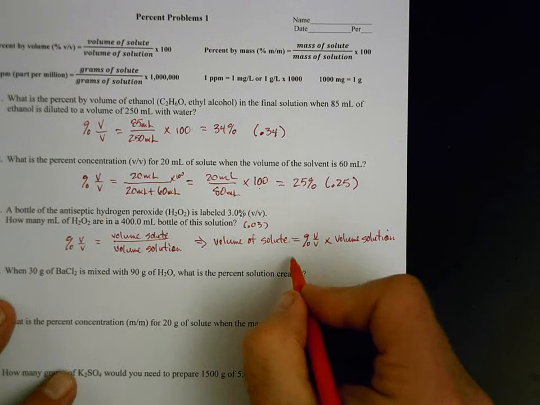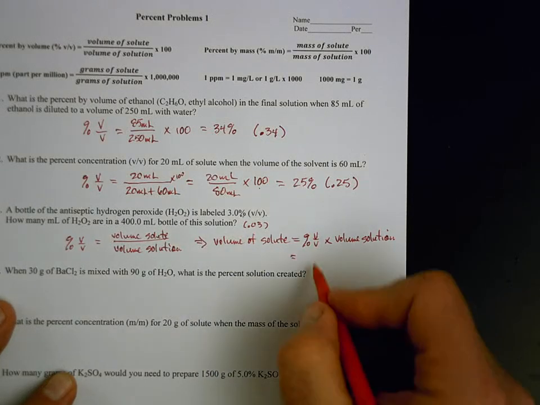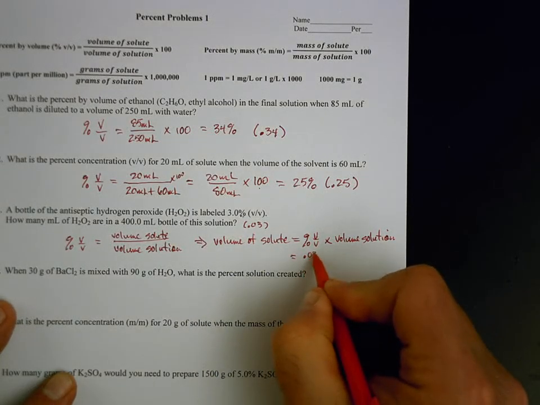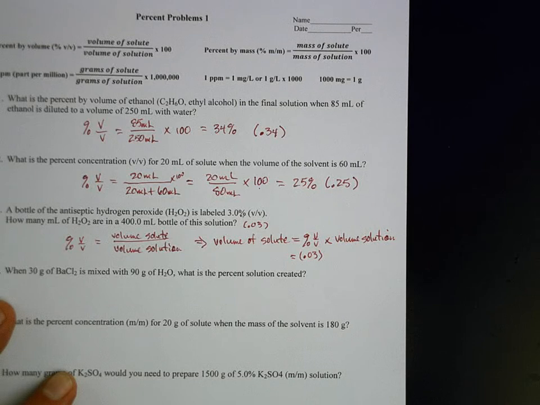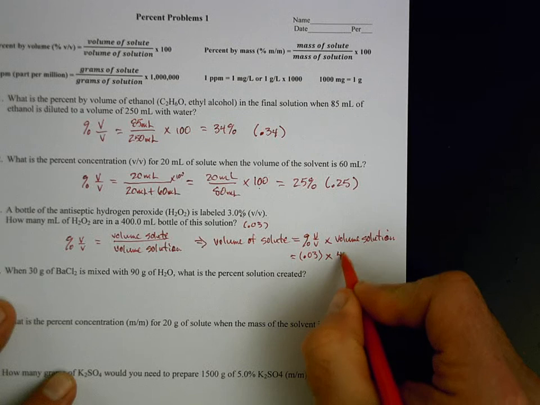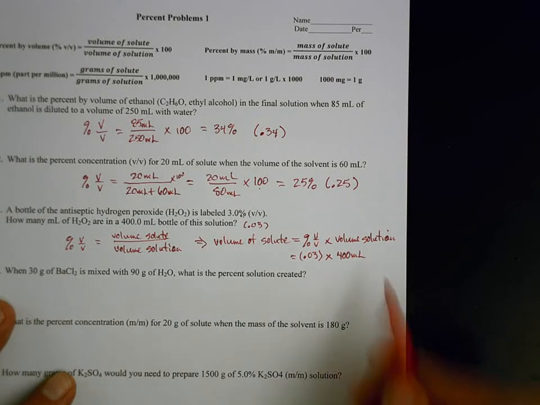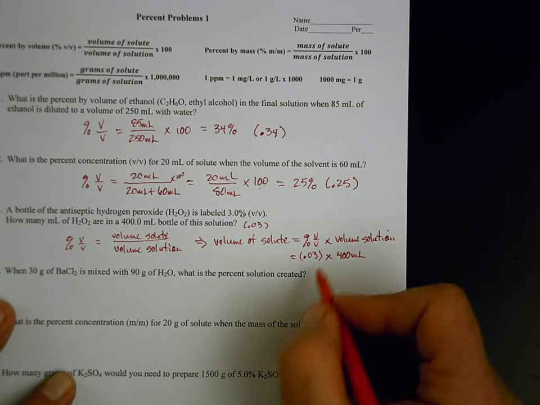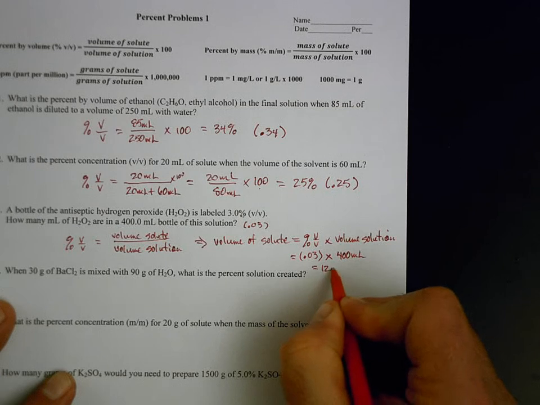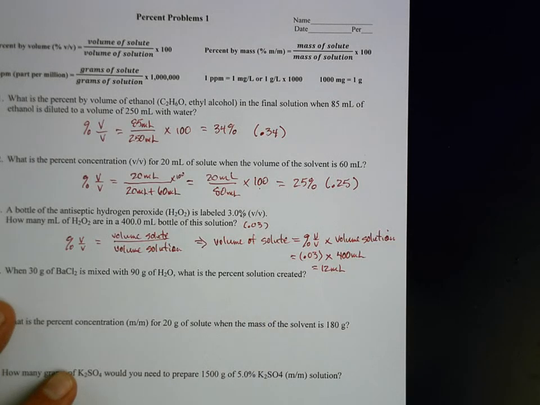So in this case, my 3% as a decimal, and then they tell me I have a 400 milliliter bottle. So that'd be my solution, 400 milliliters. 0.03 times the 400 gives me 12 milliliters.